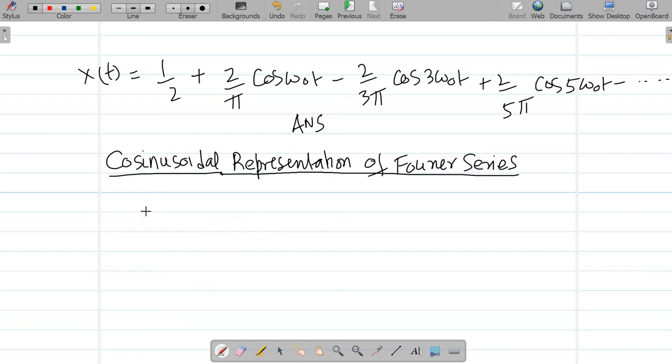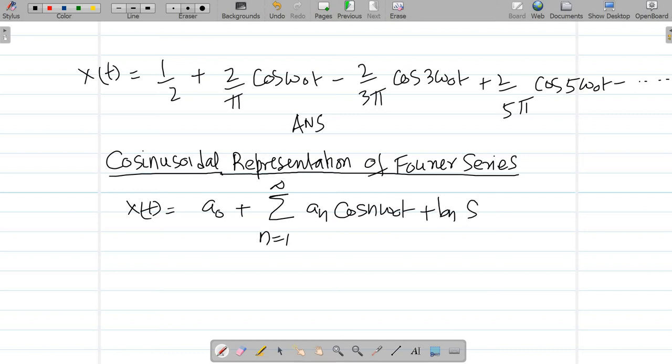Let us take the trigonometric representation itself. We have x of t is nothing but a naught plus the sum from n equals 1 to infinity of An cos n omega naught t plus Bn sin n omega naught t.